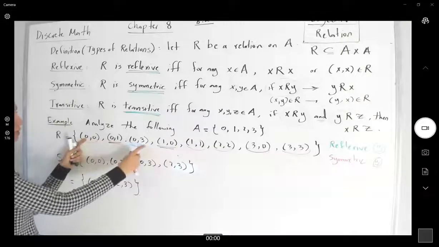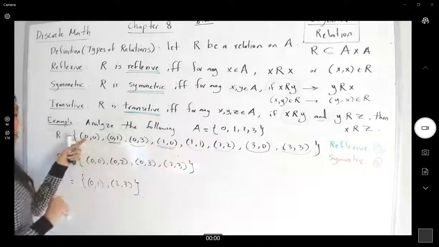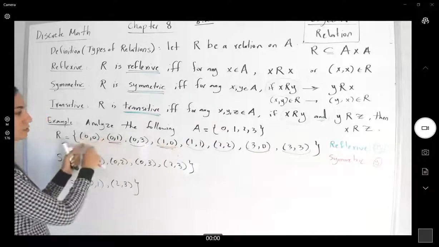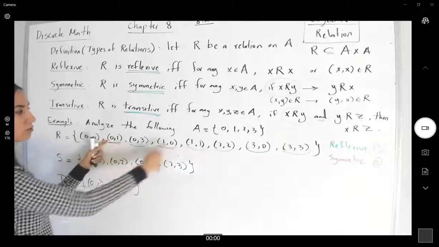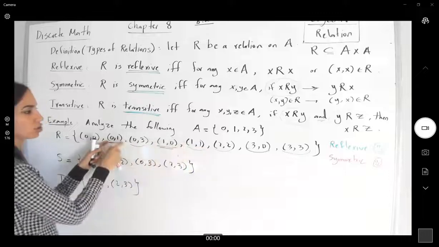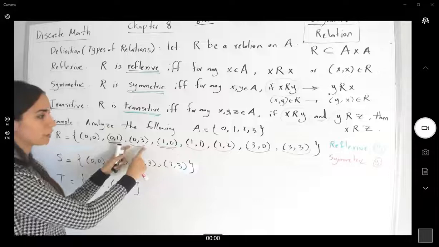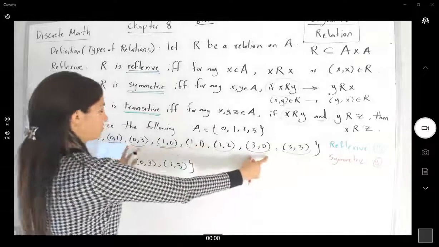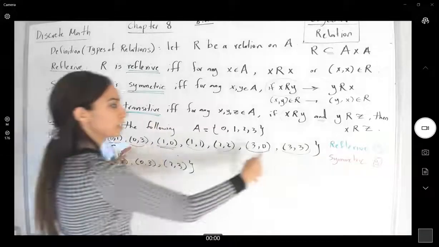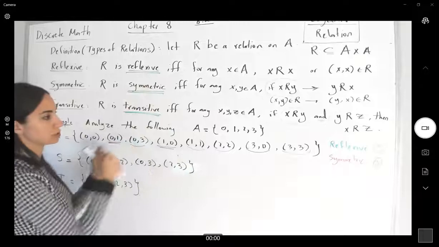I have (0,3). What else do I have here? I don't have any 0 to be worried about. (0,1), (1,0), (0,0) is here. (0,1), (1,1), I get (0,1), which is just right here. What about (0,3)? (0,3), (3,0). Okay, do I have (0,0)? Yes. (0,3), (3,3). I get (0,3), which is just right here.